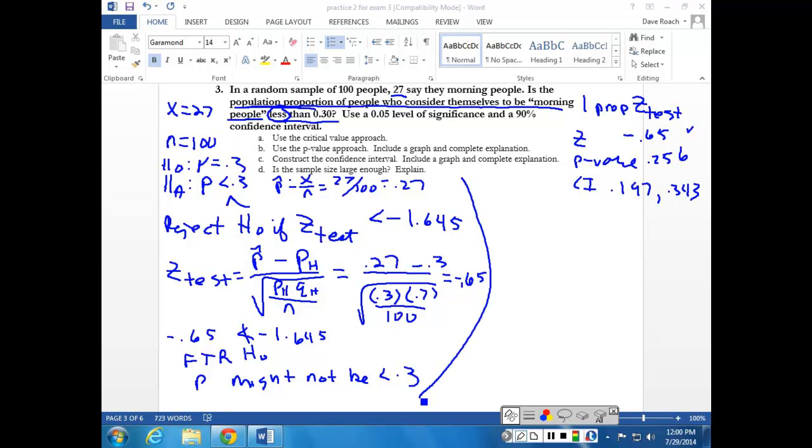I'm going to skip to part C, mainly because I just want to get two things up here that we can see at the same time. The p-value, we would just take that minus 0.65. We'll do it in a minute and put it on the sampling distribution.